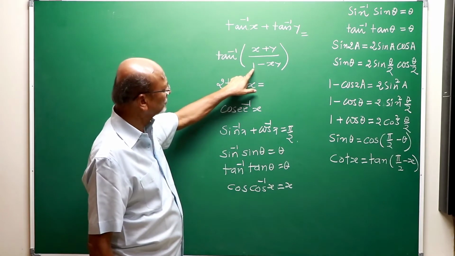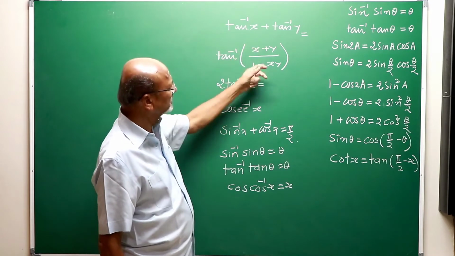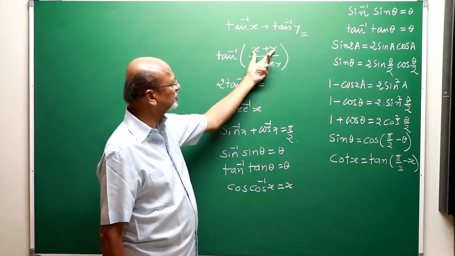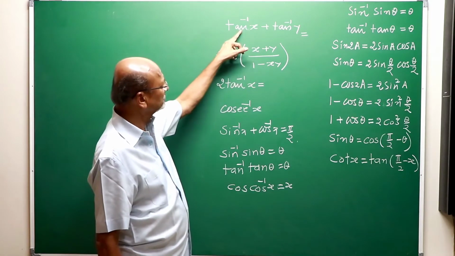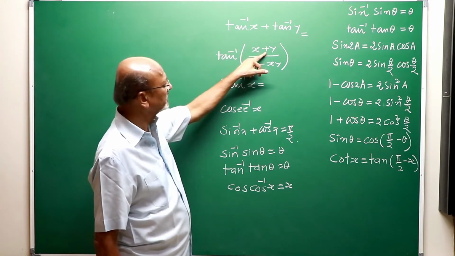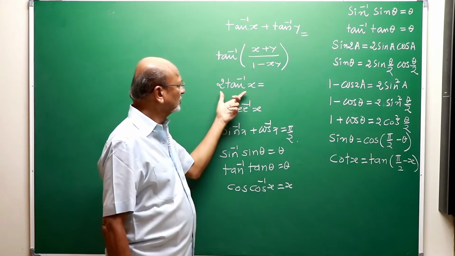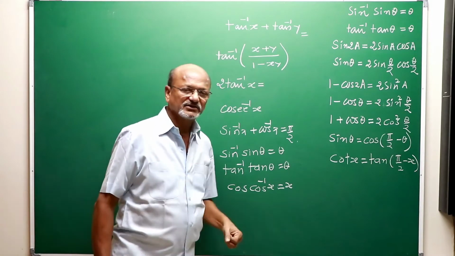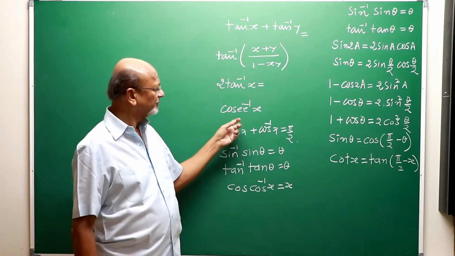The denominator must be 1 minus the product of the two, and the two must be opposite signs. If it is so, then you write tan inverse of the first, here plus is plus, minus is minus, tan inverse of the second. Also, 2 tan inverse x is tan inverse of 2x upon 1 minus x square.